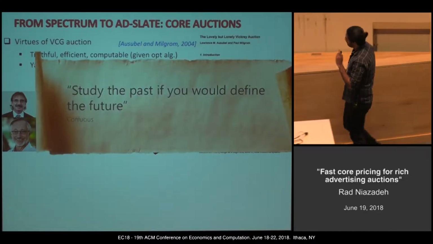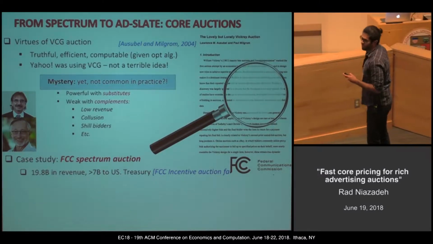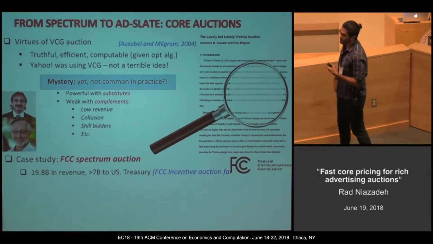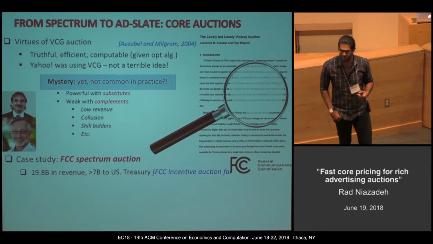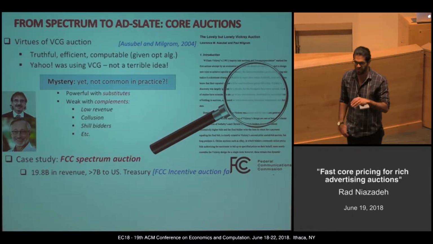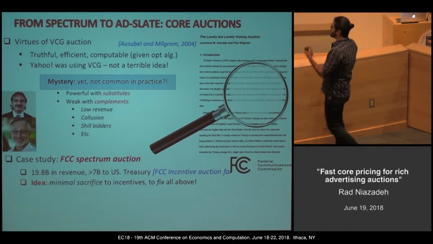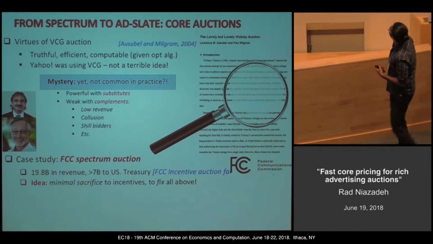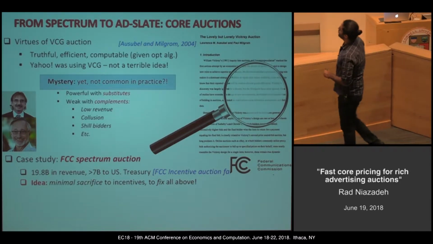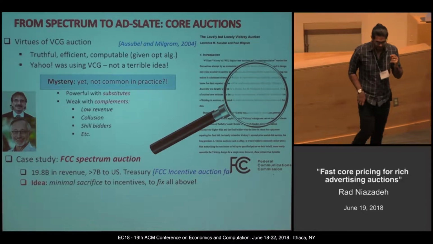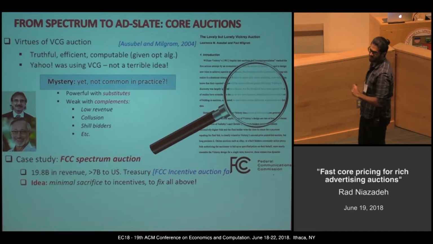So for the multi-billion-dollar industry that these folks were designing auctions for, in particular the FCC spectrum auction, which helped the US Treasury in 2017 to decrease the deficit by $7 billion, the idea that these people and many others who thought about this for different spectrum auctions across the globe had was minimally sacrificing the incentives in order to get rid of the list that I just mentioned.